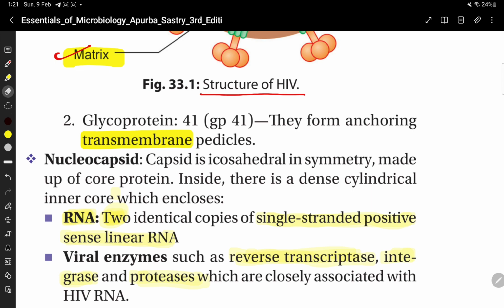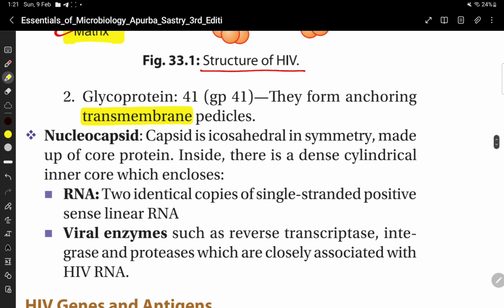Inside there is a dense cylindrical inner core which encloses RNA, two identical copies of single stranded positive sense linear RNA, and viral enzymes like reverse transcriptase, integrase, and protease, which are closely associated with HIV RNA.